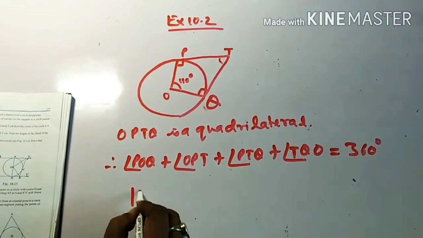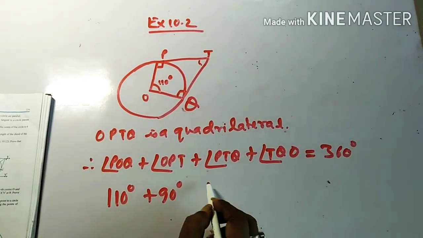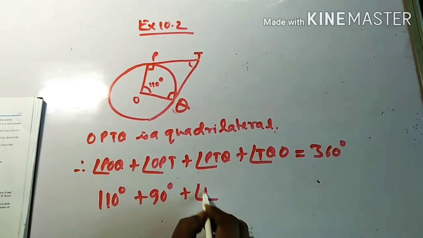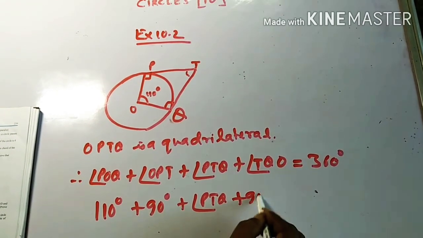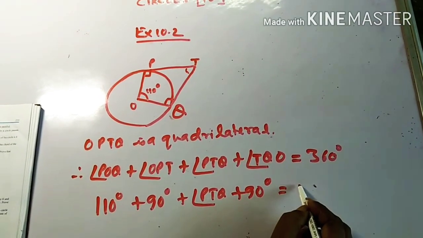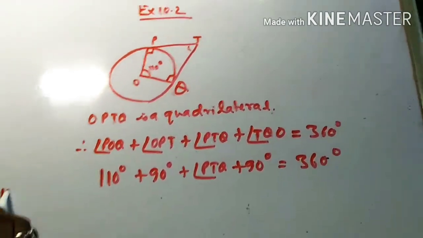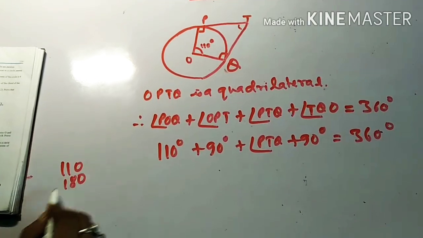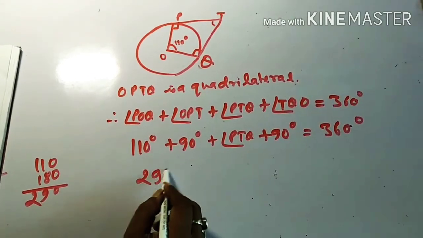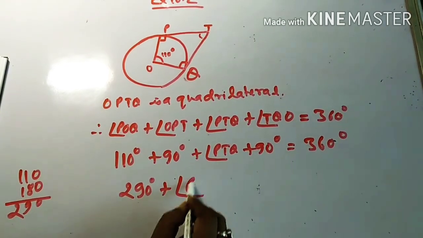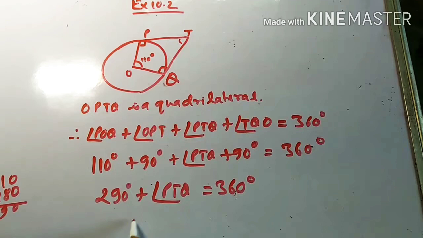Now POQ is 110 degrees, OPT is 90 degrees, and TQO is 90 degrees, and we have to find angle PTQ. So 110 plus 180 is 290 degrees, plus angle PTQ is equal to 360 degrees.